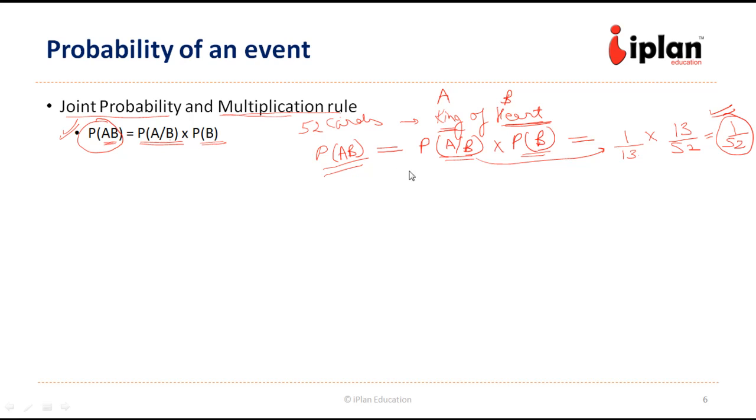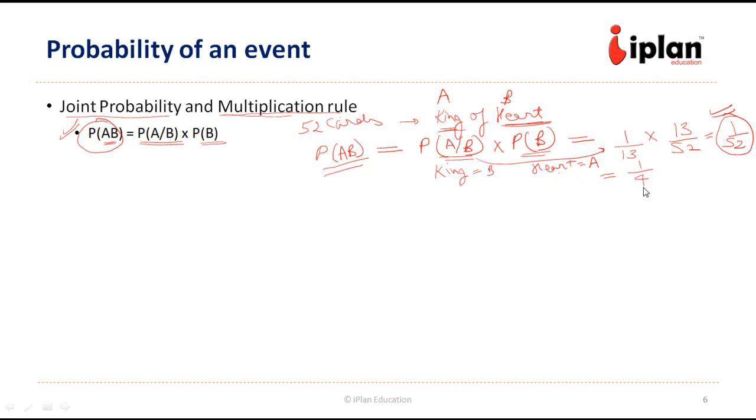It can be taken other way also. Suppose being a king is event B and being a heart is event A. So in this case, probability of A given B is going to be, if it is a king, what is the chance that it is going to be a heart? It is 1 by 4.